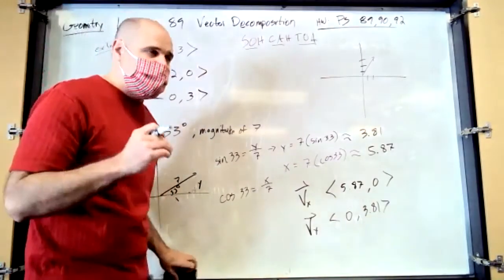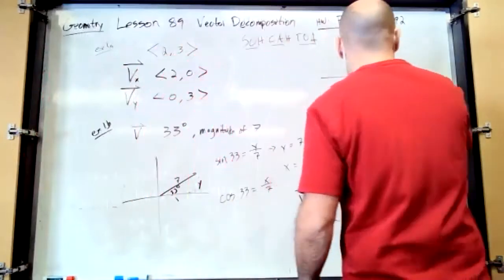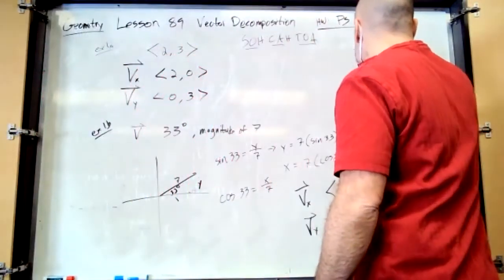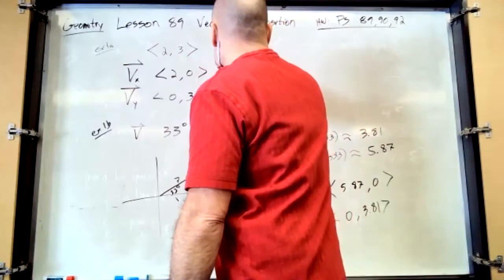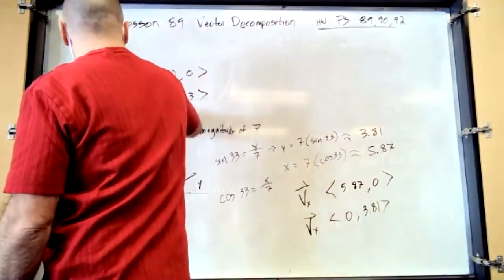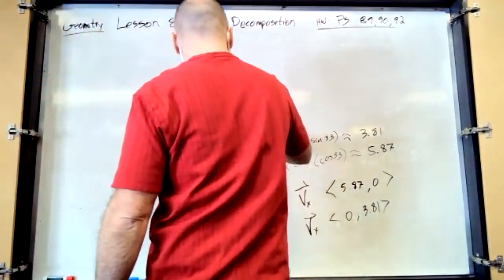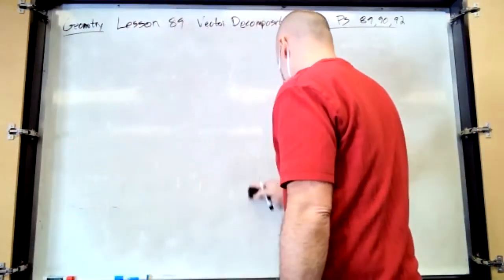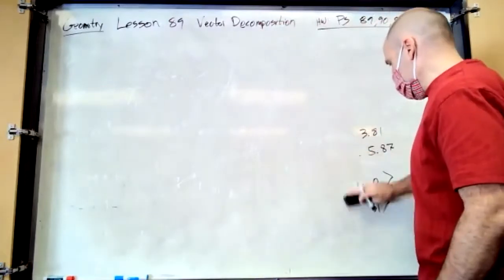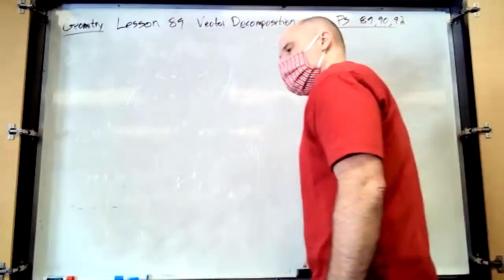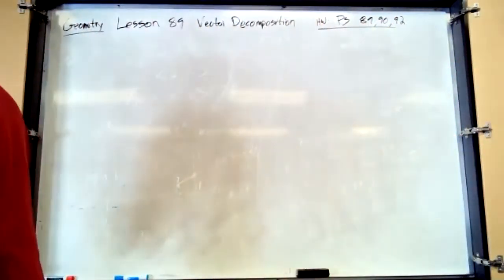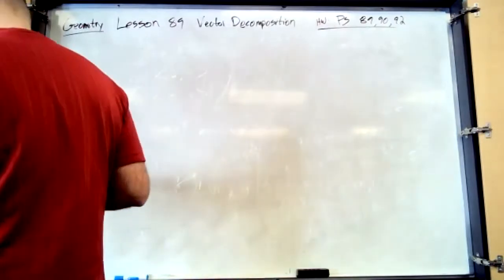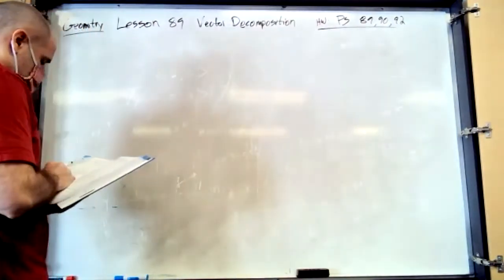If you can understand this next example, then you understand this unit, because it's not complicated, it's just a lot of steps. You have to decompose vectors, then add, and then sometimes recompose, putting them back into the original format.